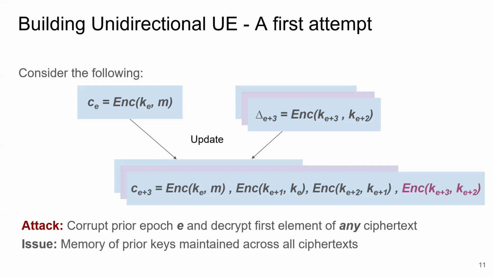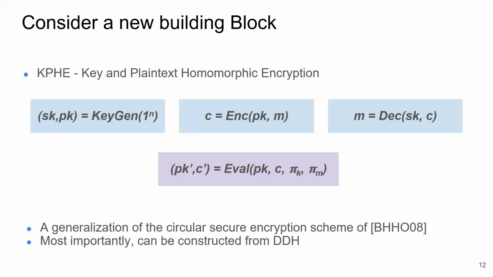Okay, so it's clear we need to add some kind of extra randomization here. So consider a new building block, which we call key and plaintext homomorphic encryption. This is a public key scheme, which has keygen, encryption, and decryption. But then we have an additional operation which we call eval. Eval takes as input the public key and the ciphertext, and then it has two linear transformations or permutations. The first one will act on the key space.